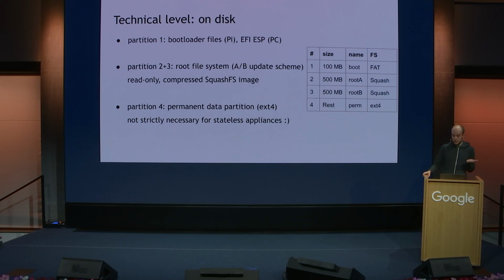But obviously, for many appliances, you do actually need to write some data. And for that, you can use the permanent data partition. So you have 100 megabytes for boot, then 2 times 500 for root, and the whole rest of your storage device, like the remaining 15 gig of your SD card, or the remaining 2 terabytes of your NVMe drive, depending on the system you're running it on, will be available for your own use.